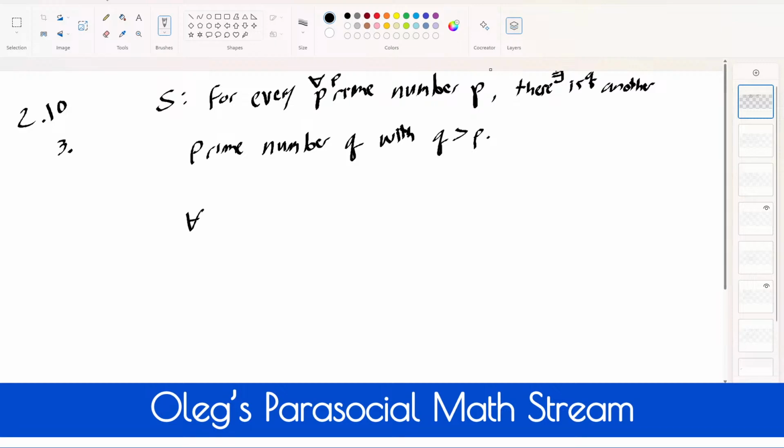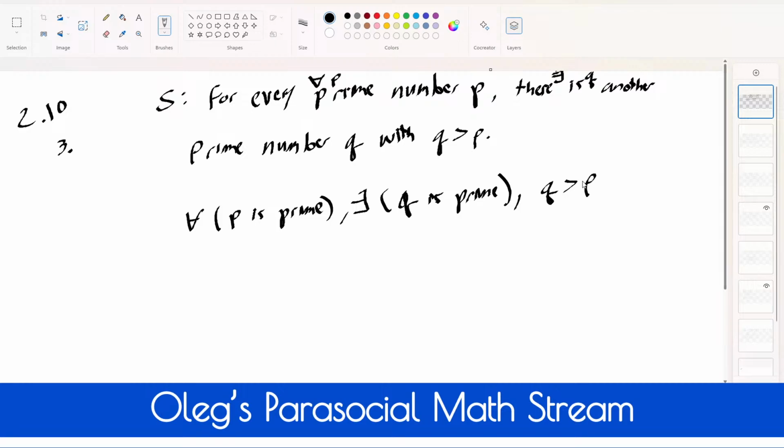So, okay, without going too crazy here, all P is prime, comma, exists Q is prime, comma, such that we have Q greater than P. All right?